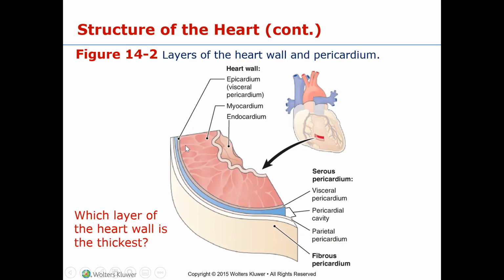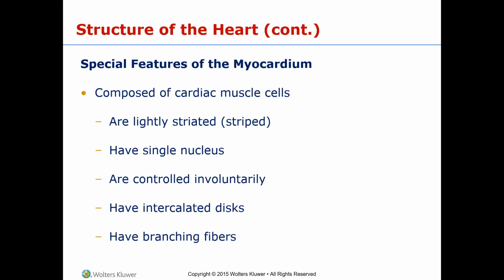The heart itself, as I said, is made up of the outer layer, which is called the epicardium, the inner layer, which is the heart muscle, which is the myocardium, then the endocardium, which lines those individual spaces of the atria and the ventricles.